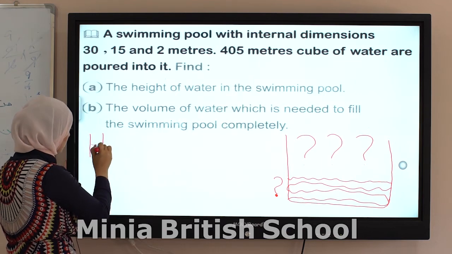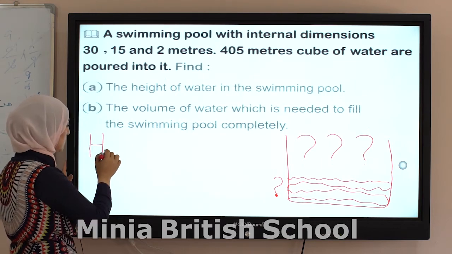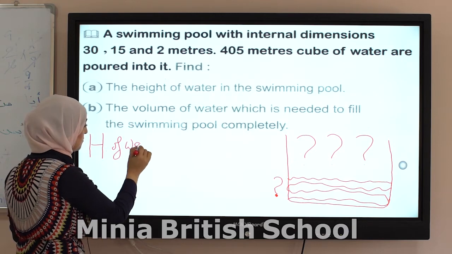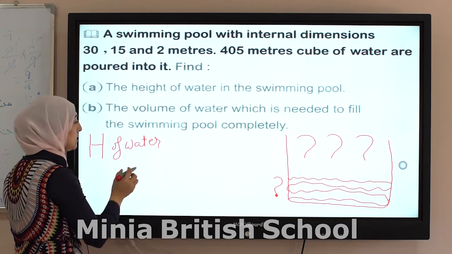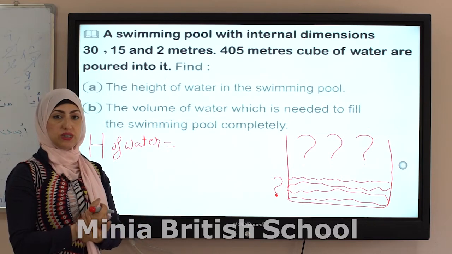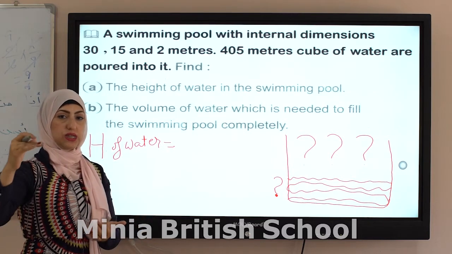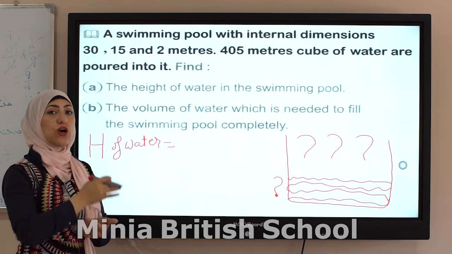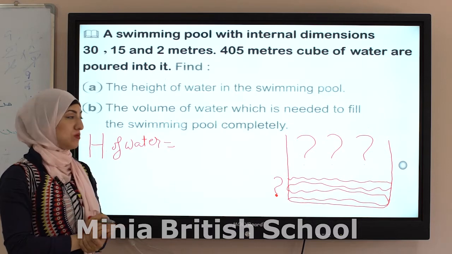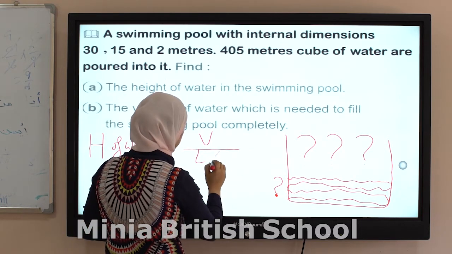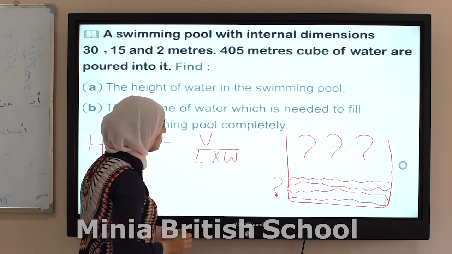I have the rule here, the height of water equals, from the rule that I know, volume equals length times width times height. If I want the height, so volume over length times width.